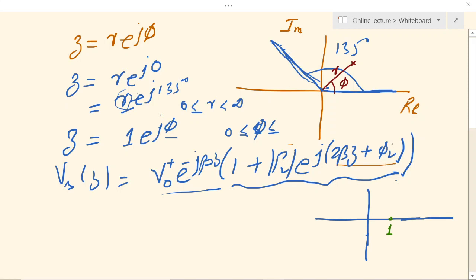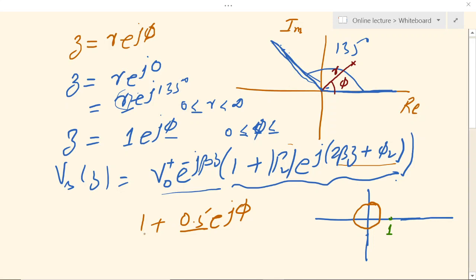The phase will change, though phi L will be constant. So for example, you have 1 plus 0.5 something e to the power j phi. This value has magnitude 0.5, with phase phi. So it will map to this circle.